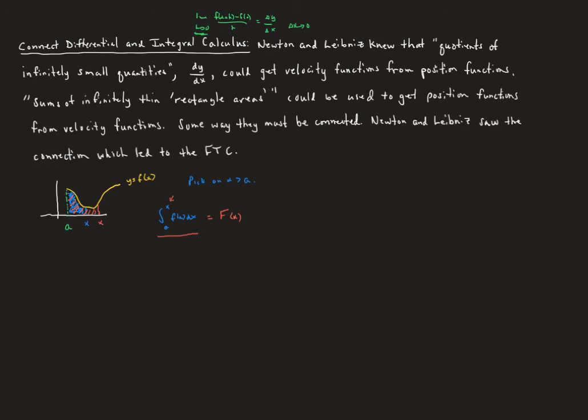Now, let's remember that capital F prime of x, the derivative of a function, is the limit as delta x goes to 0 of that change in f over the change in x.